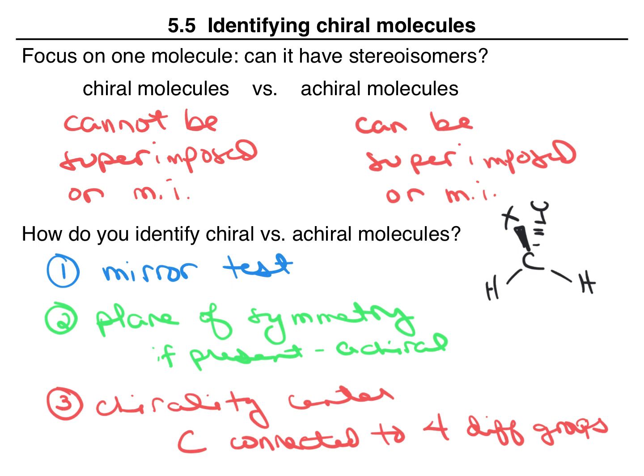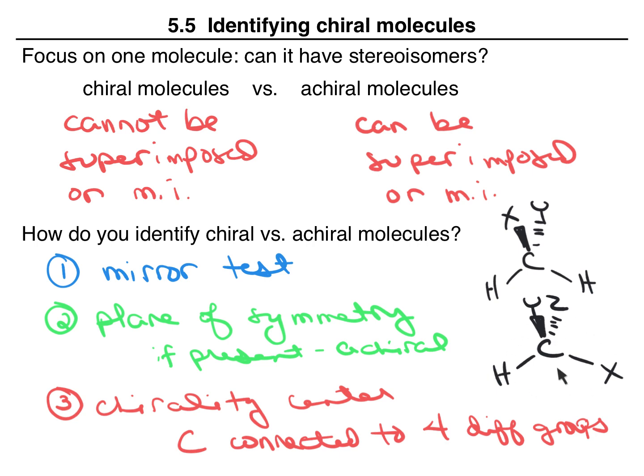So also on an earlier slide, we had an example where we had a hydrogen, and let's say we have an X and a Y and a Z. Here we have no plane of symmetry. If we were to cut through the Y, Z, and C, now we have H over here, but X over here. There is no plane of symmetry.